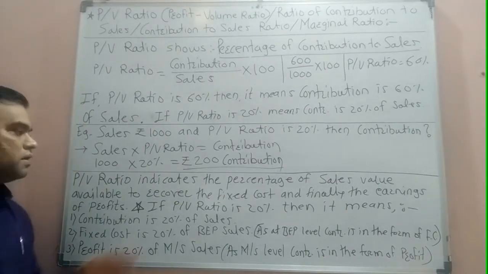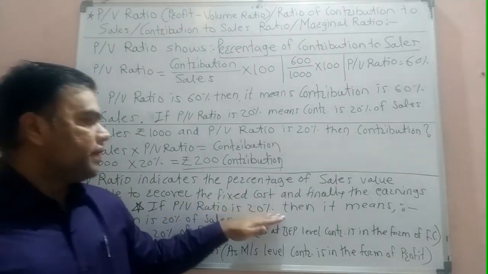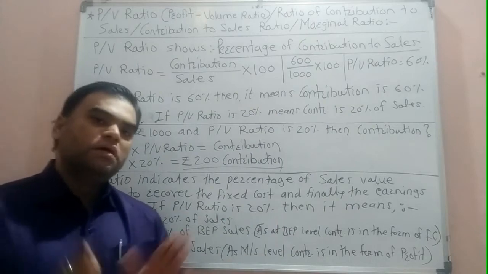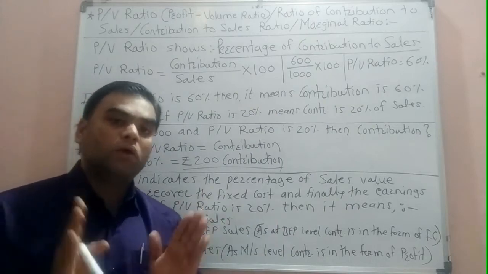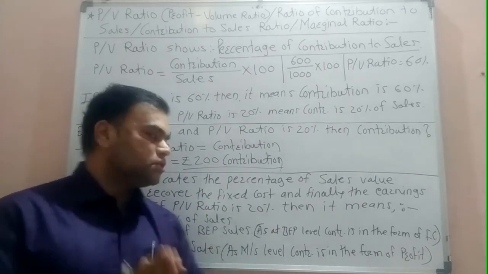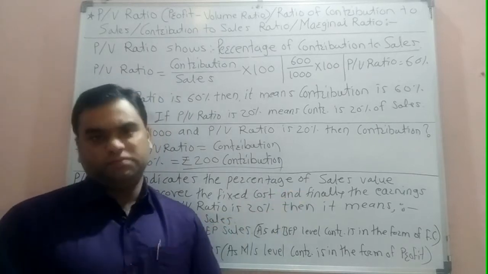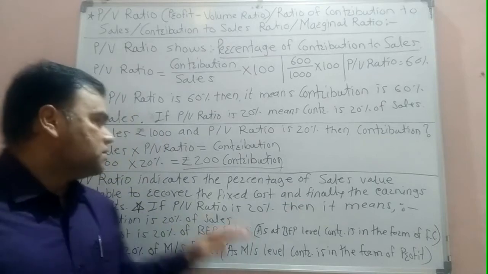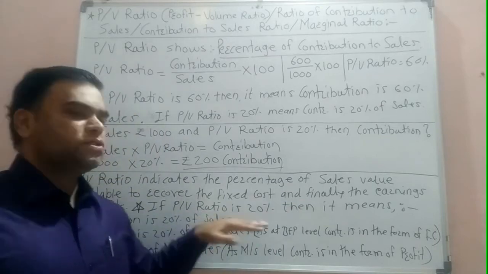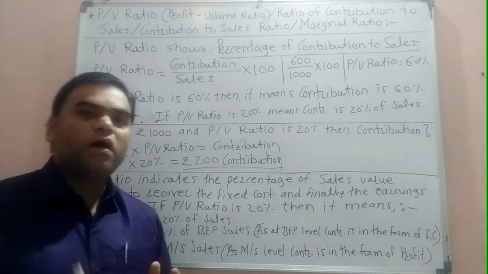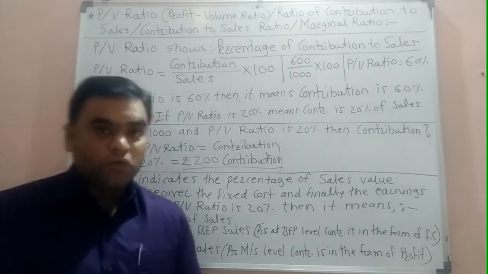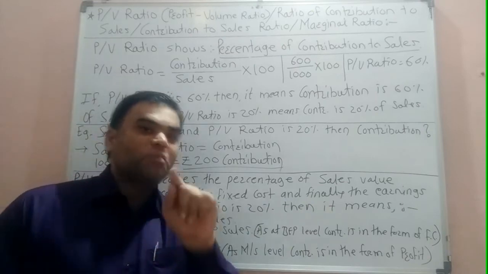Next, suppose PV ratio, or contribution to sales ratio, is 20%, then what does it mean? Suppose someone tells us PV ratio is 20%, then what does it mean? As we know, accounting is the language of business.